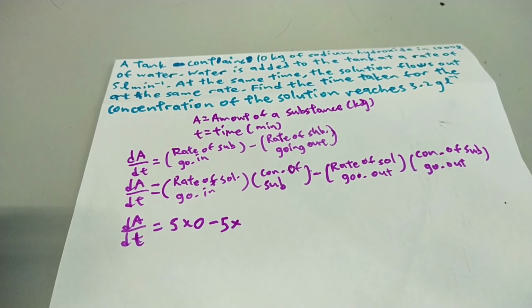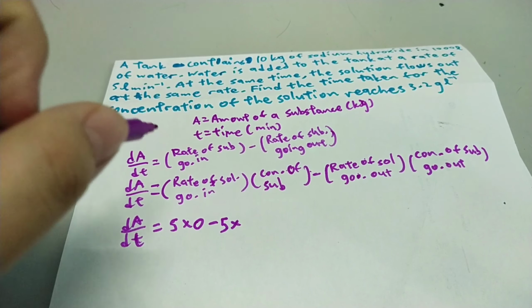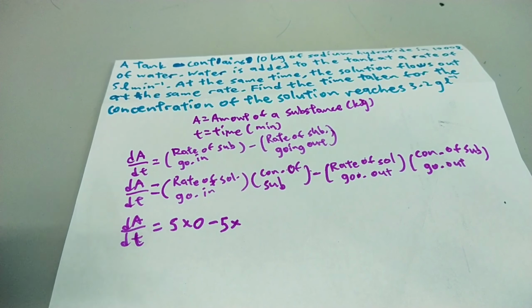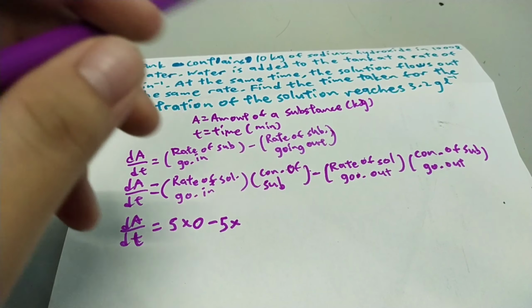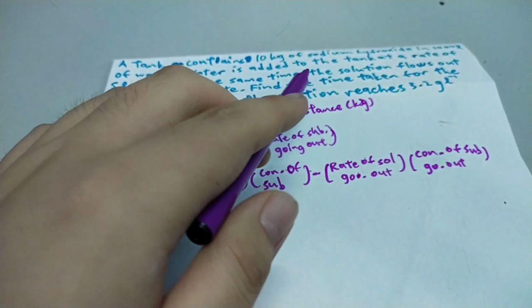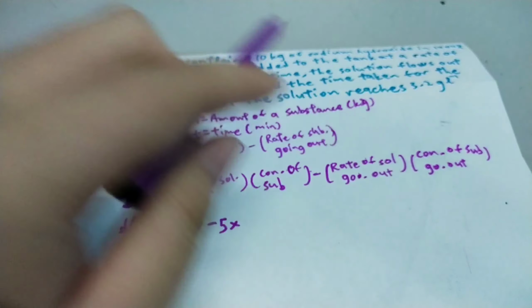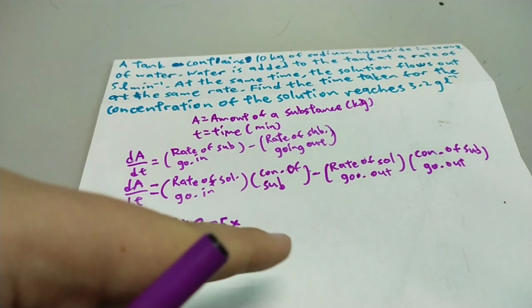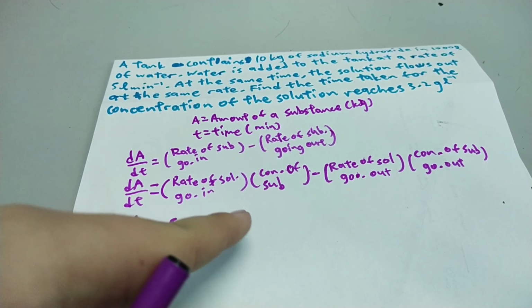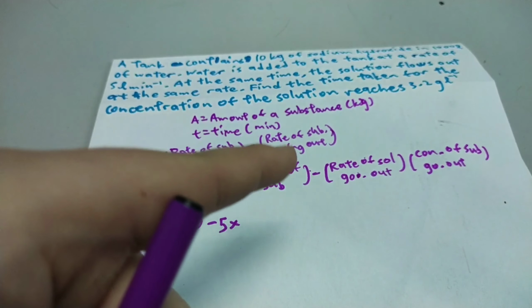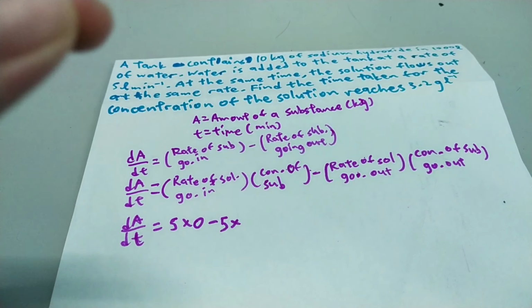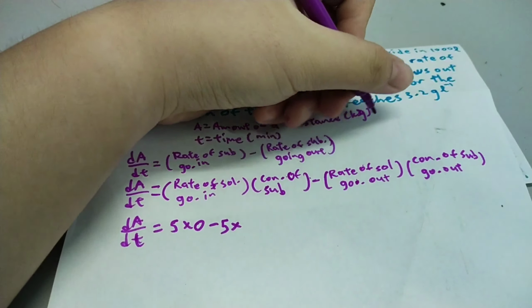So what is the concentration of the sodium hydroxide going out? Actually, we don't know, but we can try to express it with variables. Remember how we find the concentration of something?